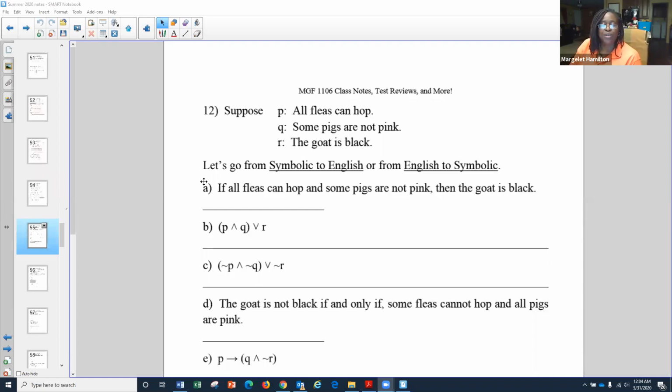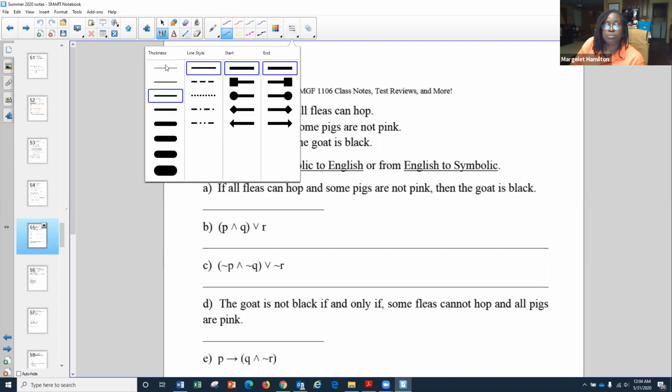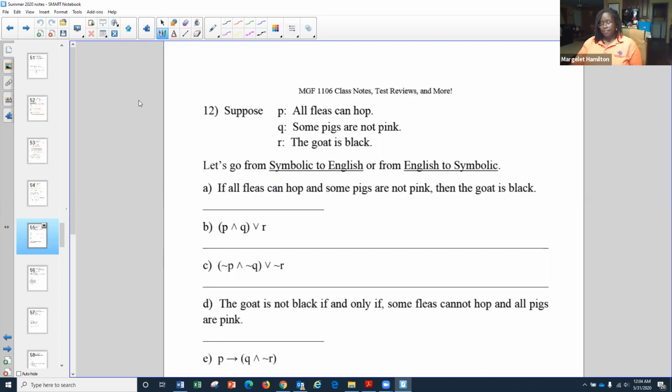Okay. All right, here we are moving to number 12. Now here we are looking at 3 statements. So far we've looked at 2 statements. We've written them in symbolic form and back again, and we've done truth tables with just 2 statements.